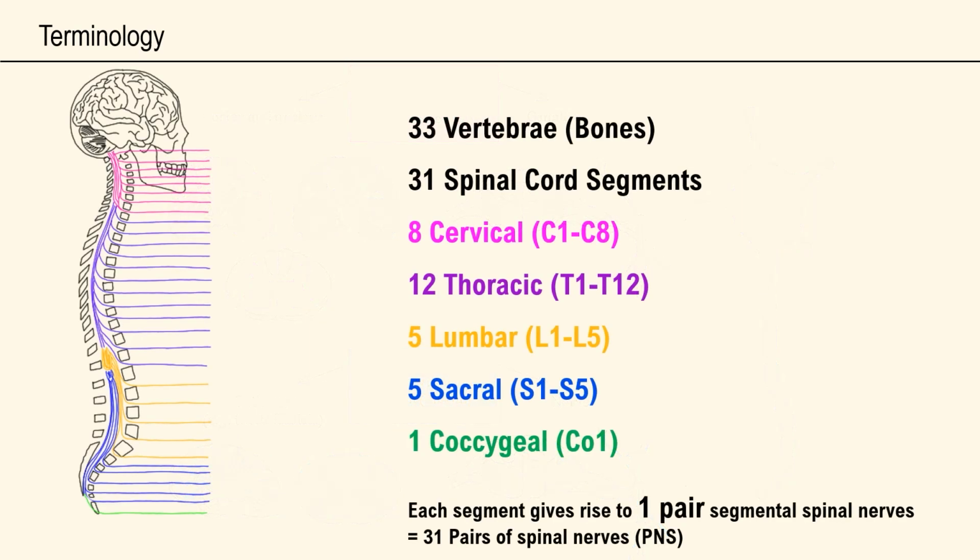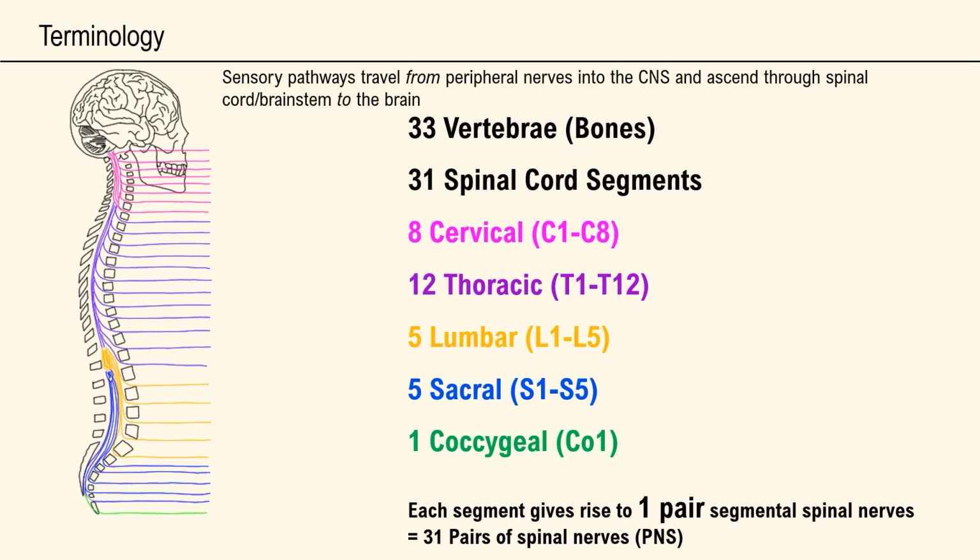In the first lecture we had a look at spinal nerves and we determined that there were 31 pairs of segmental spinal nerves numbered according to the order in which they leave the spinal cord, from most superiorly in the cervical cord to most inferiorly the coccygeal. These spinal segments belong to the peripheral nervous system and conduct messages to and from the central nervous system.